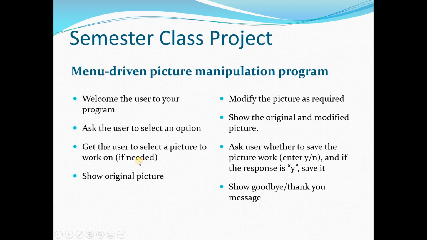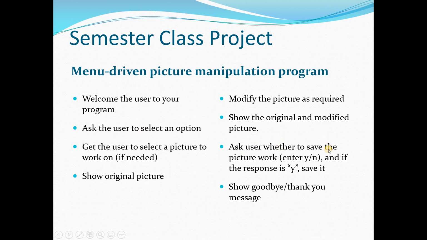Then you will show the original picture. You will modify the picture and then show both the original and modified pictures, separately, like I do always in the class. Original is shown separately and the modified is shown separately.